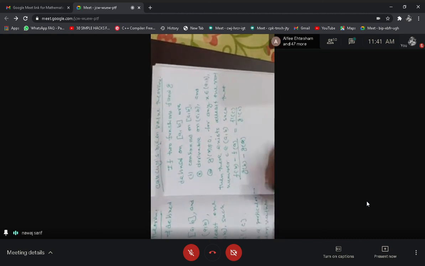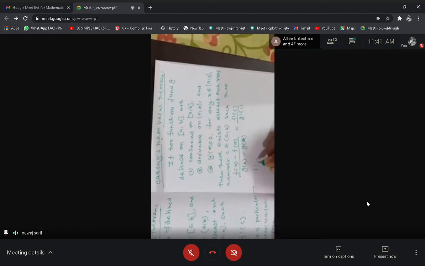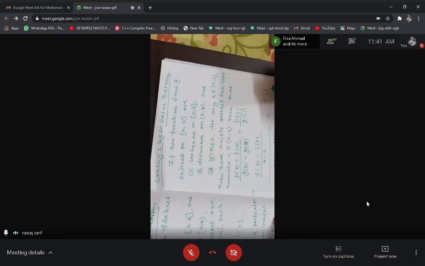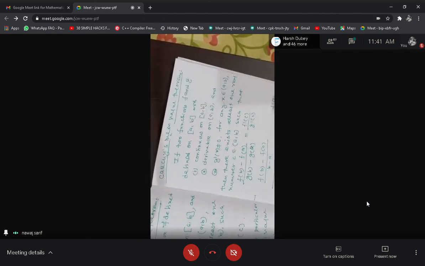If we divide both numerator and denominator by b minus a, then this is (g(b) minus g(a)) divided by (b minus a), and this one is f dash c divided by g dash c. f dash c is the rate of change of the function f at the point c, and g dash c is the rate of change of function g at point c.